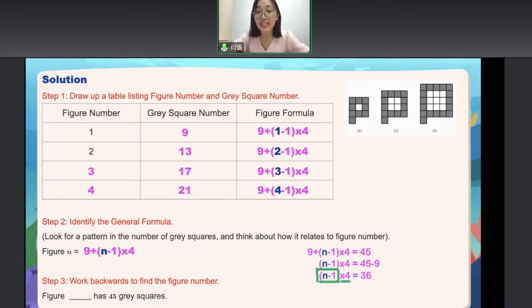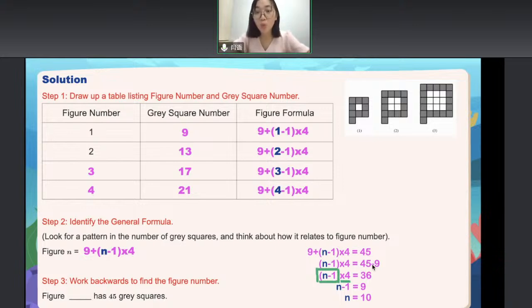So could you please tell me what is the value of n minus 1? Yes. So for n minus 1, you will get 9. 9 times 4 equals to 36. And then n minus 1 equals to 9. So what about the n itself? Yes, it should be 10. 10 minus 1 equals to 9.